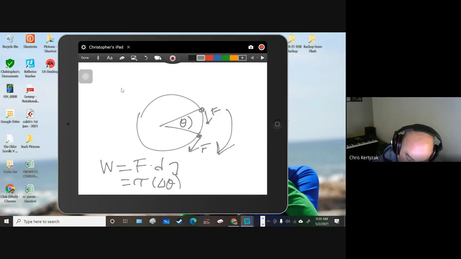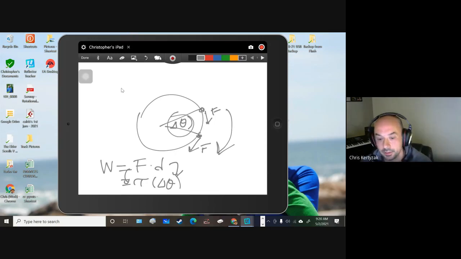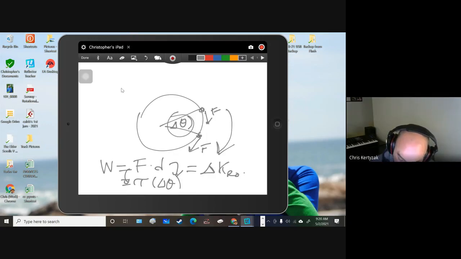Remember, d is like a theta in rotation and F is like a torque. Delta theta is just the change in the angle. So the work that's done is the torque times the angle that you've pushed it through rotationally. And that would be now in the form of rotational kinetic energy. It's like the work energy theorem for translational, just written for torque. That's almost never mentioned, to be honest with you.